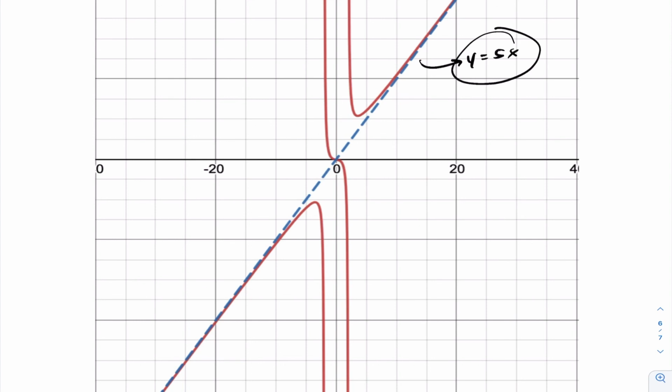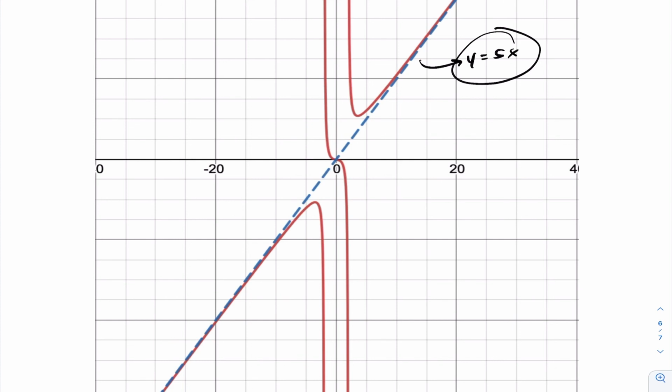One important observation here I'd like you guys to make is notice you can actually cross the slant asymptote. Again, the slant asymptote only exists as x gets infinitely large or infinitely small. So locally, for finite values, your rational function can cross a slant asymptote. The same can be said about horizontal asymptotes.